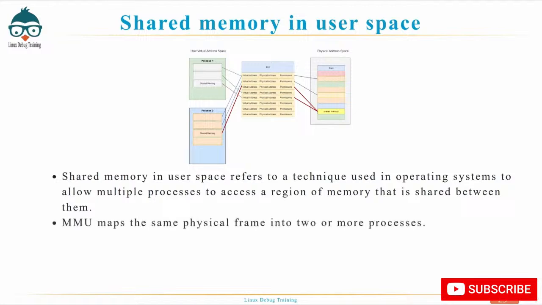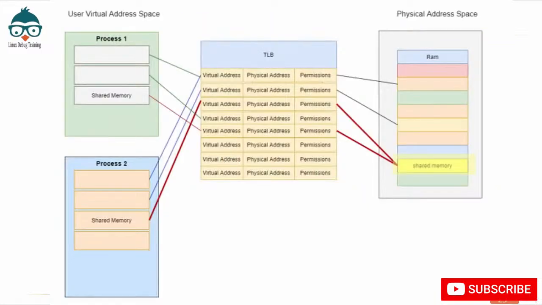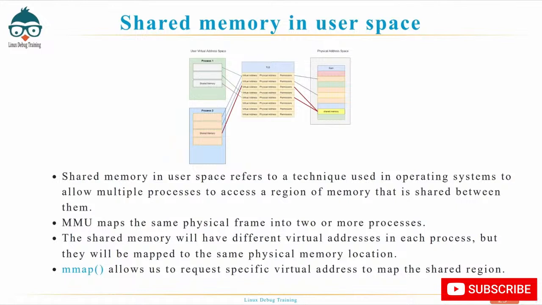The MMU and TLB maps the same physical frame into two or more processes. And this can be seen in the diagram with the shared area shown in physical memory mapped to different virtual addresses in each of the separate processes. The mmap call allows us to request specific virtual addresses to map a shared region.